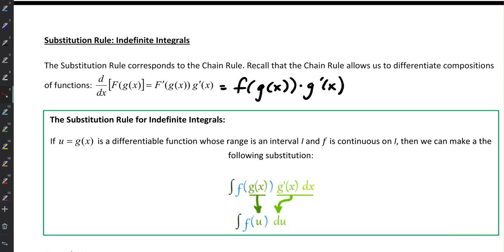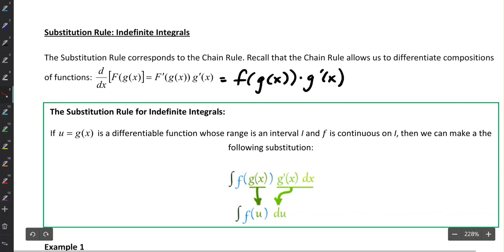Okay, so how does substitution rule work? If u is some function of x that is differentiable and its range is an interval where the function f is continuous, then we can make the following substitution. Don't stress about that.